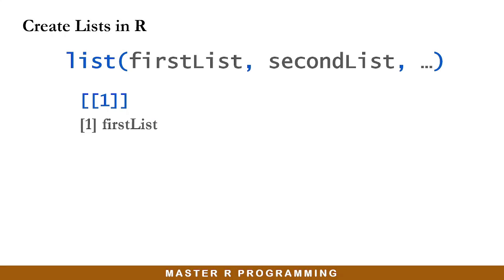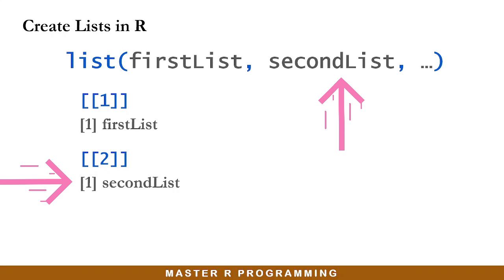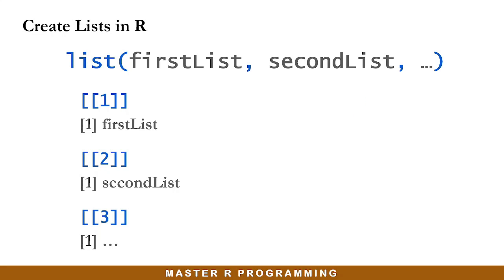That is to say that the first list contains a vector with only one item, and that item is first list. The second list is also identifiable with a double square bracket with a number 2 in there, and that also contains a vector of one item, and that item is second list. So you can go on with any other elements that you want to pass into the list to create as many lists as you want.